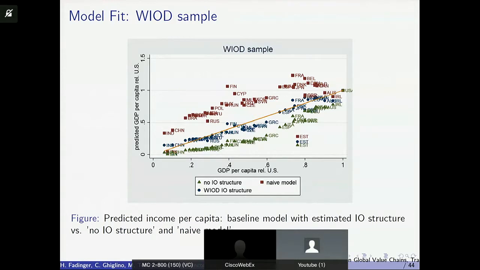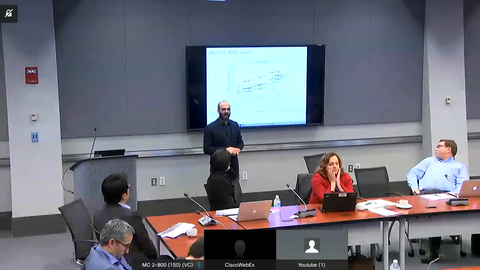The blue circles are basically the model predicted relative incomes with the model with input-output structure. And the green triangles are the relative predicted income levels when you ignore input-output structure, but just take the estimated productivity levels. And you see that the model with the I/O structure fits really very well, while the model that ignores the input-output structure tends to make many countries poorer than they actually are.